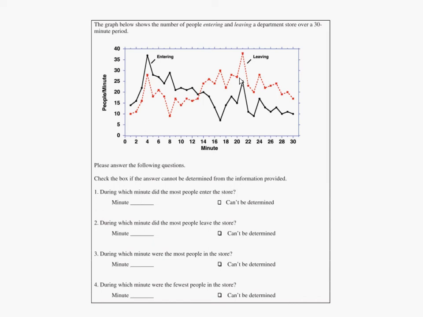During what minute were most people in the store? Well, you have to reason about, okay, we've got entering versus leaving, and essentially we've got a net flow in, which is positive during this early period, right? We have more people coming in than leaving here, so it's net flow in, so it's going to be rising up to this point, right?